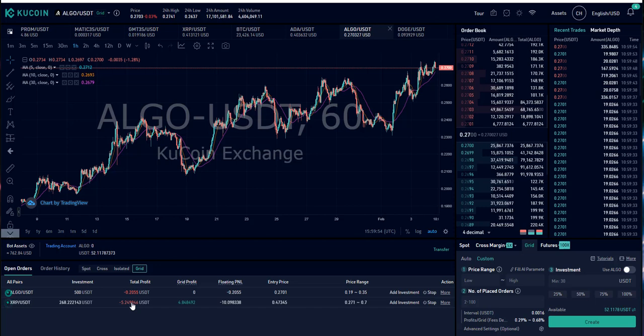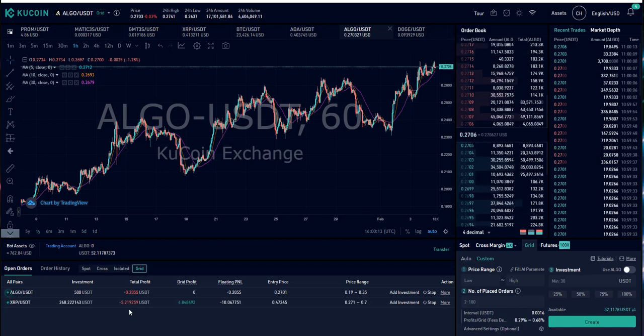And when you stop it in the coin, if you're in the red, stop it in the coin, because the coin may go back up. But if you're in the red and you take it out in USDT, I'm down $5. I lost $5. That $5 is gone, right? But if I take it in XRP and I just let the XRP sit there, when XRP goes back up, I'm going to make money, right?